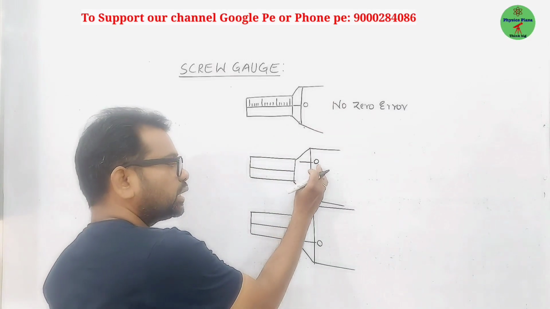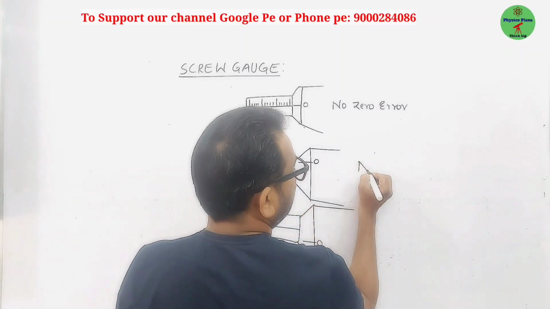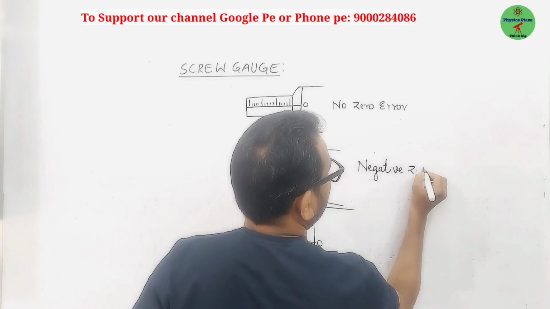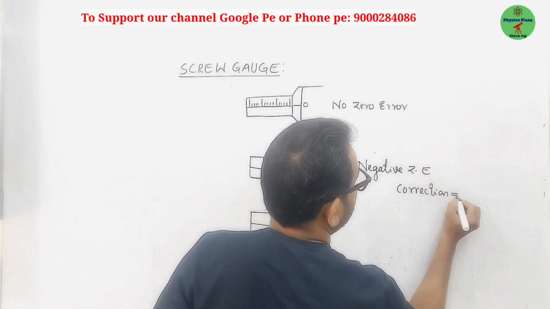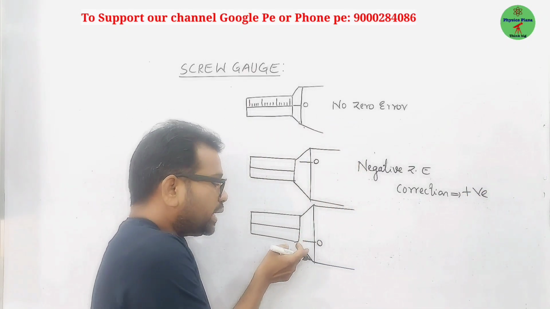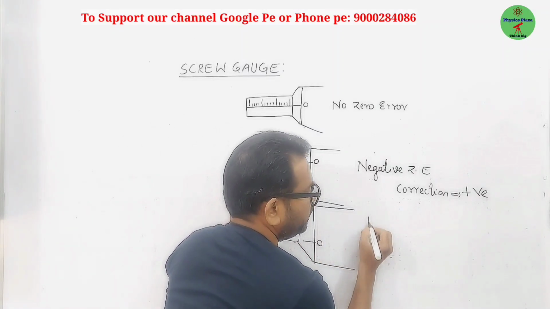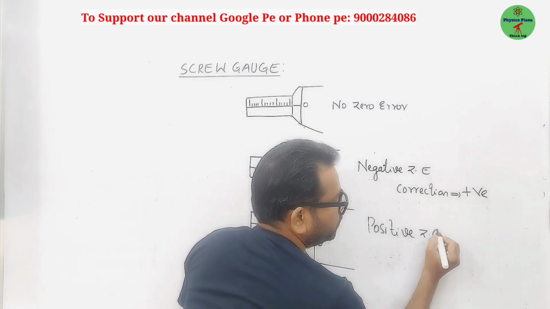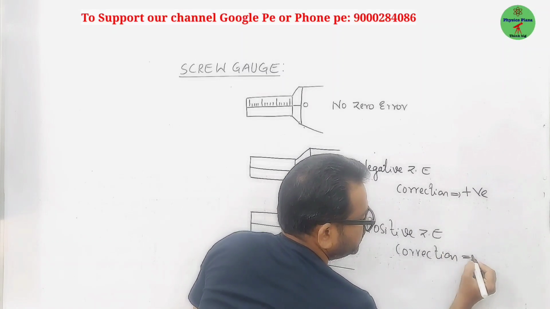Here the zero reading is lying above the baseline, and it is said to be a negative zero error, and the correction is positive. Whereas if the zero reading of the circular scale is lying below the baseline, it is said to have a positive zero error, and here the correction is negative.